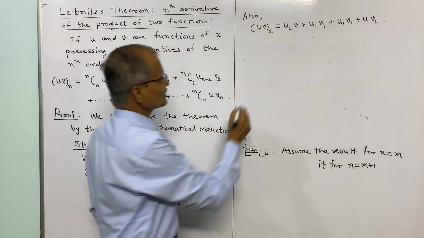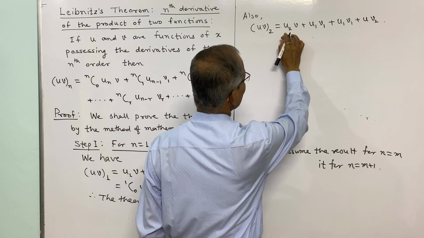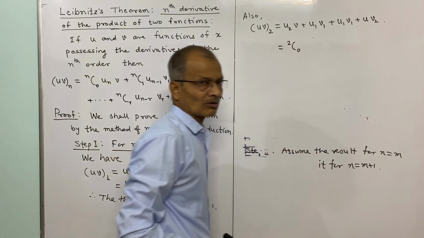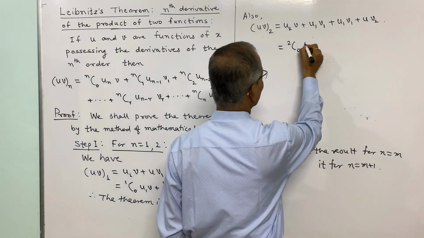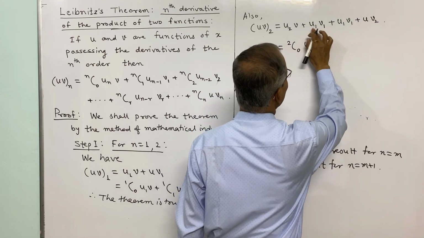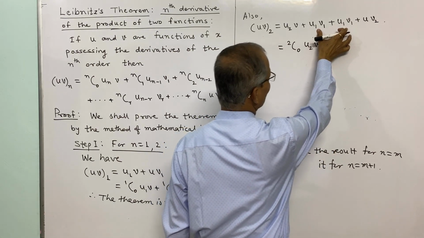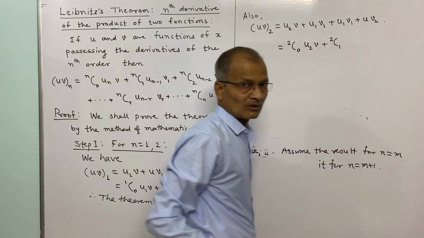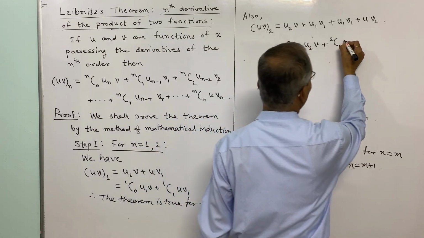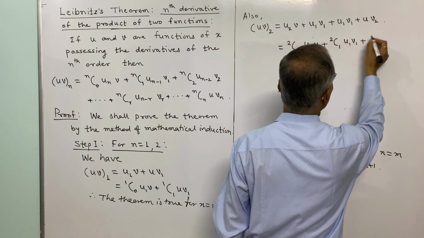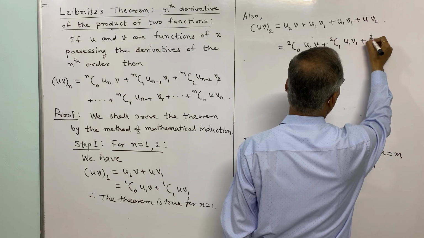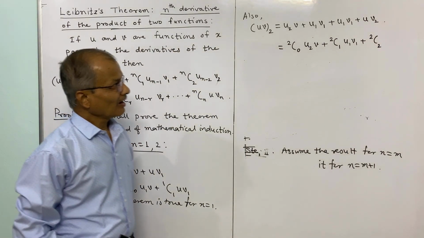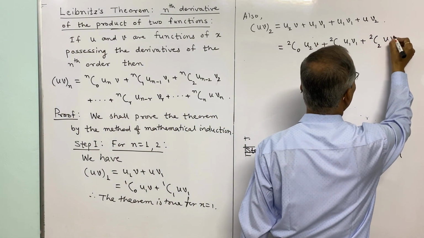And now this can be written as, see, this we have u2v, and I shall write this as 2 choose 0, u2 into v, and plus this is double term, u1 v1 plus u1 v1, that is twice, and I write that as 2 choose 1, u1 v1, plus, and this we can write 2 choose 2, u into v2.